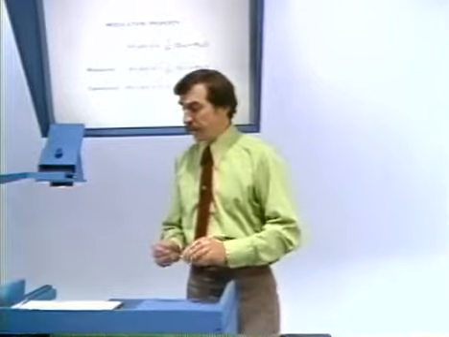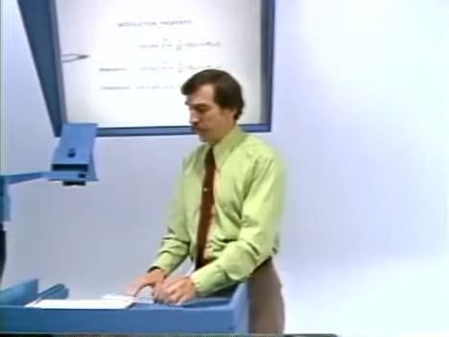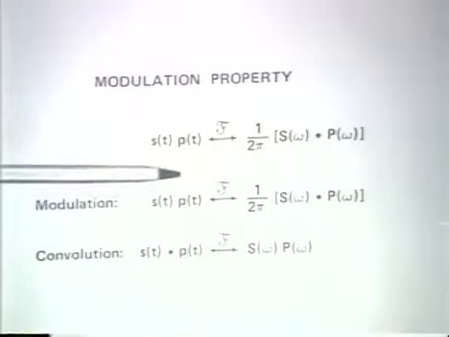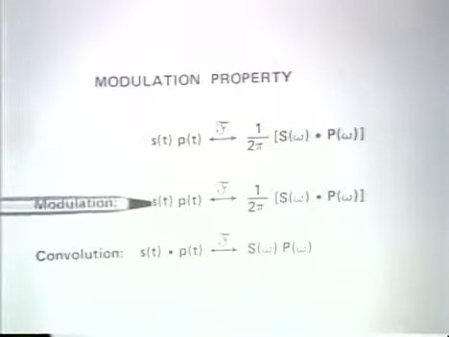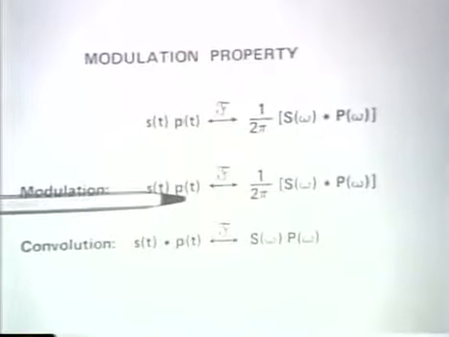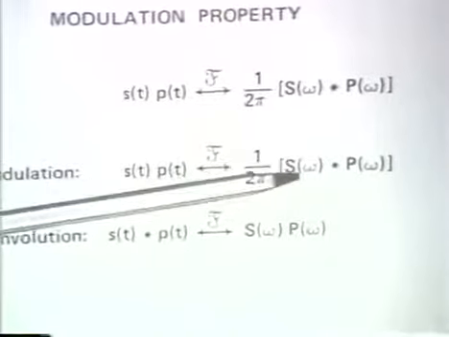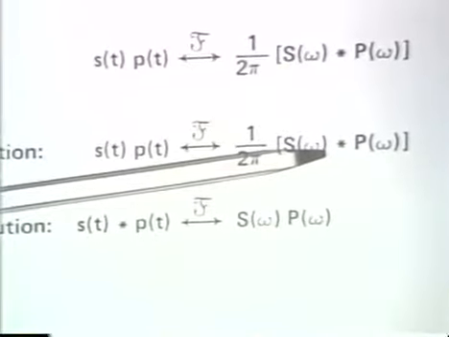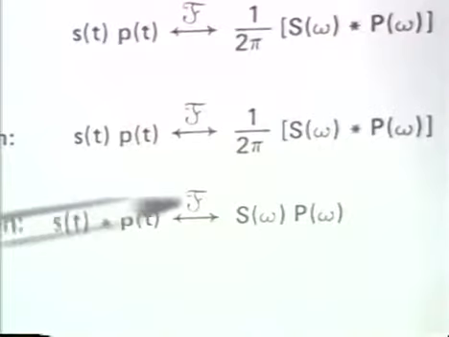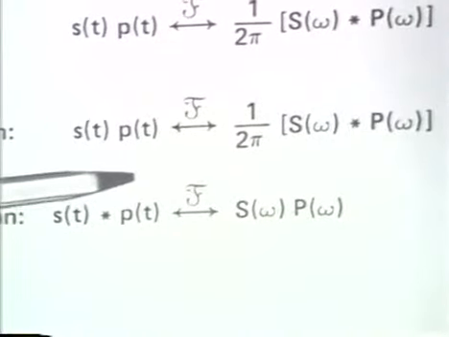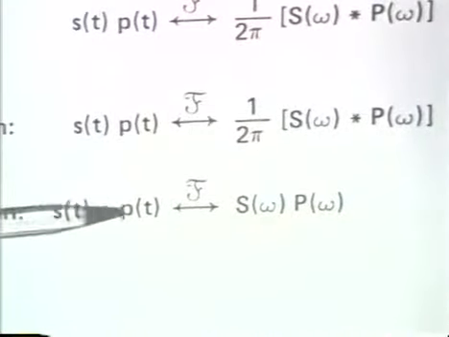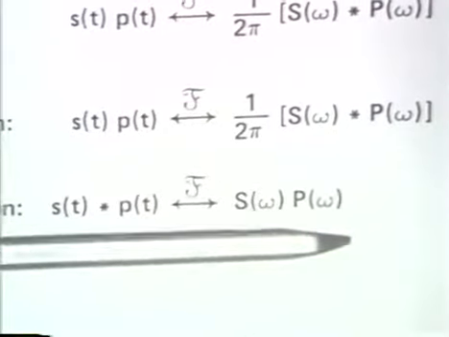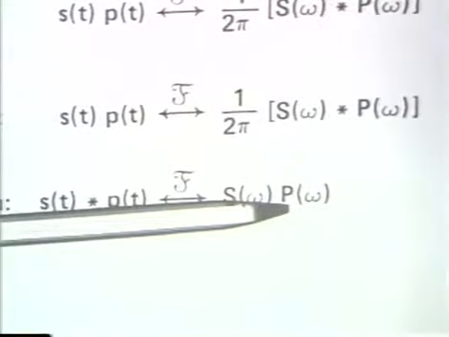And in fact, that is exactly what the modulation property is. I have it summarized here that if we multiply a time function by another time function, then in the frequency domain we convolve, whereas the convolution property is just the dual of that, namely convolving in the time domain corresponds to multiplication in the frequency domain.